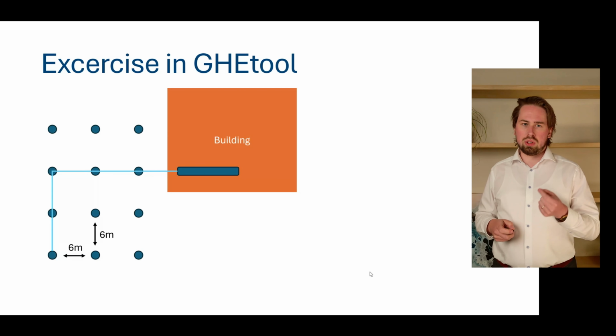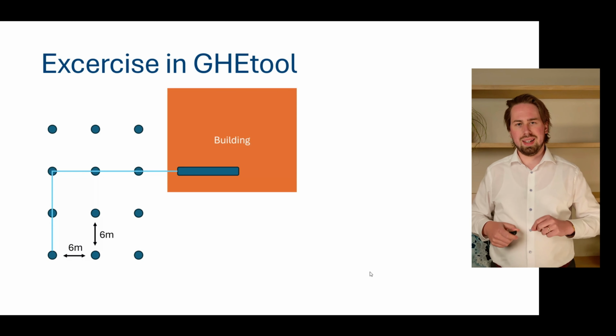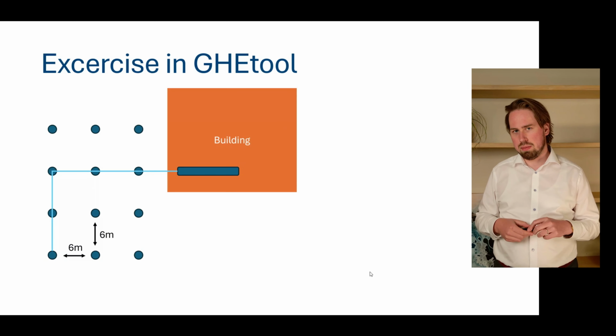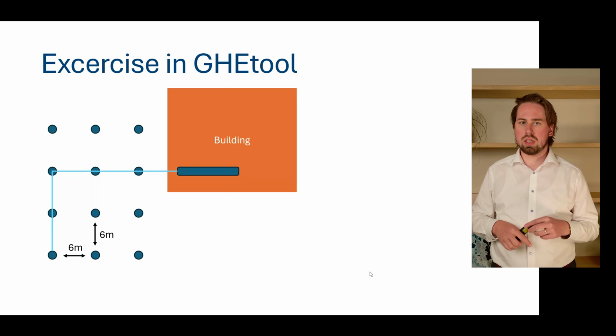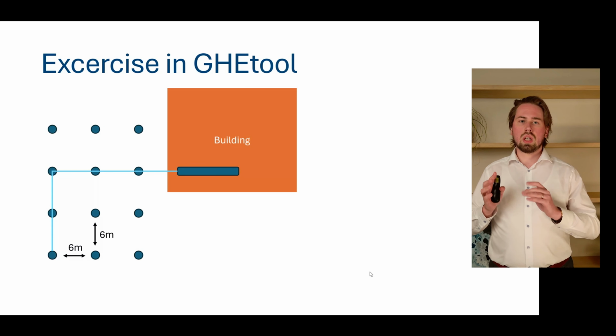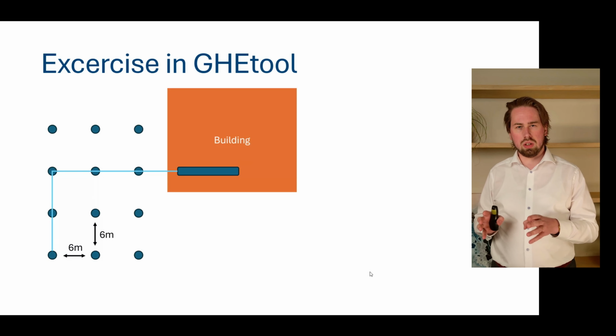We know that our furthest borehole is the one in the bottom left. If I'm not mistaken, that's 6 plus 6 plus 6 plus 6 plus 6, 12 plus 18, so 30 meters of pipe. So in GHEtool, we know that the horizontal connection, the lateral pipes, will be 30 meters.